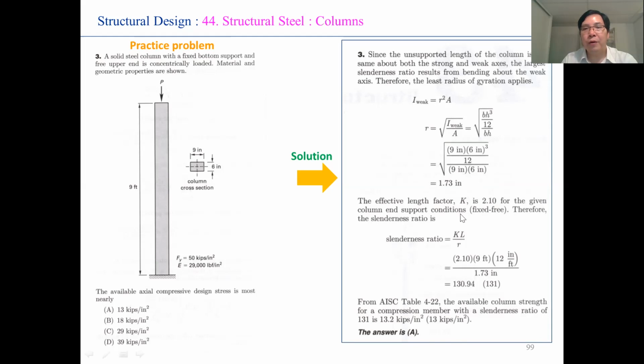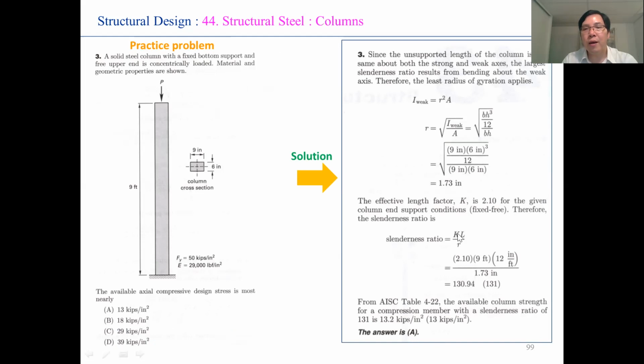and the effective length factor K is 2.1 for the given column and support condition. So you can calculate the slenderness ratio by this equation, KL per r. So you replace the value of r you find in this equation.